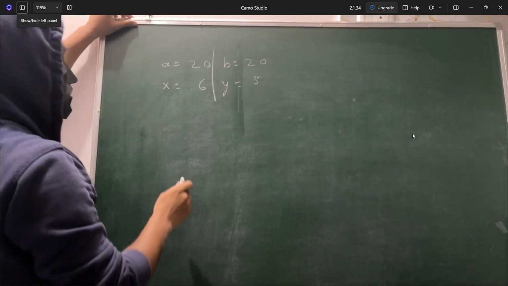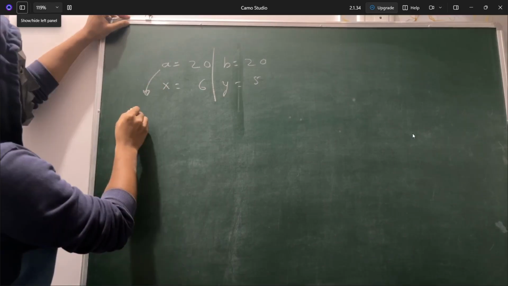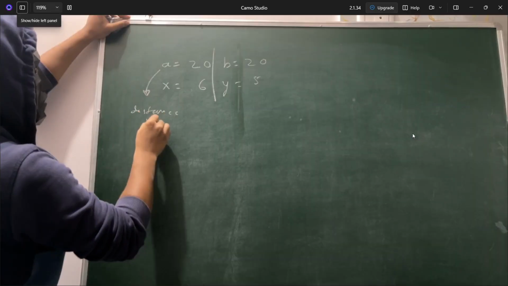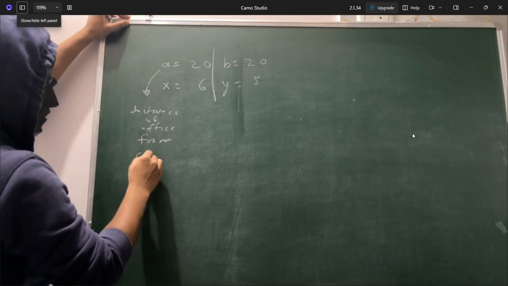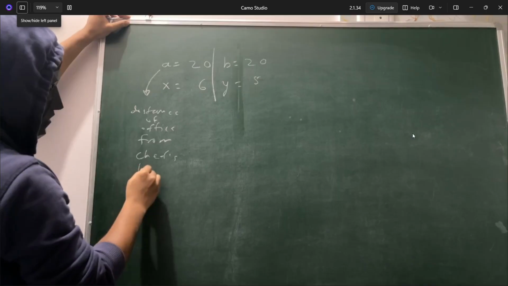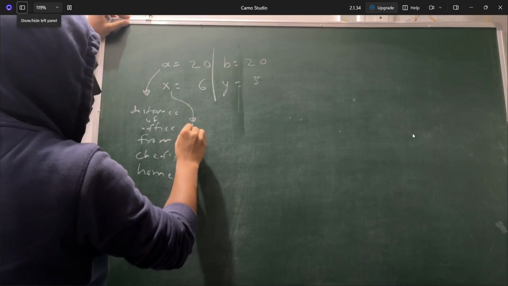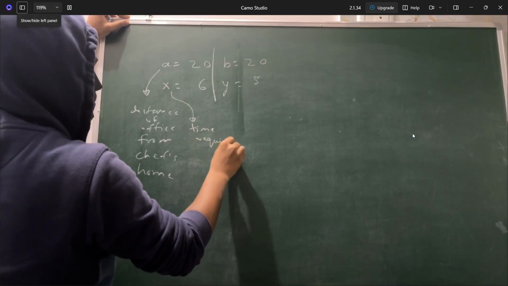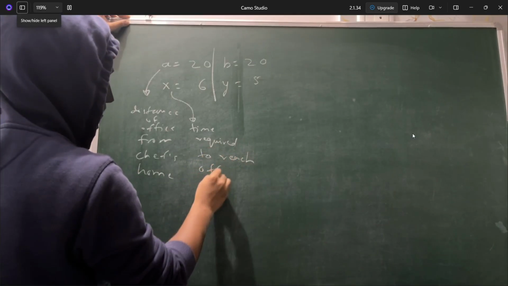What this means is that a is basically the distance of the office from Alice's home, and x is basically the time required to reach the office.